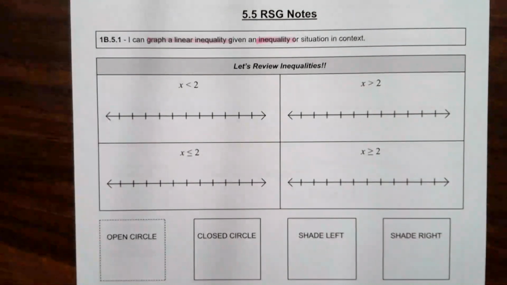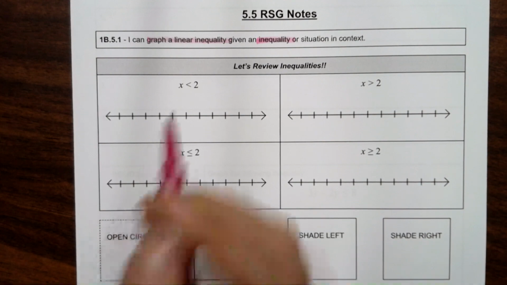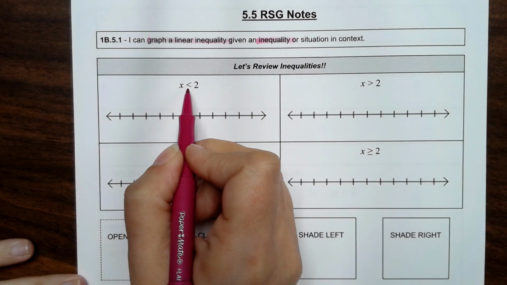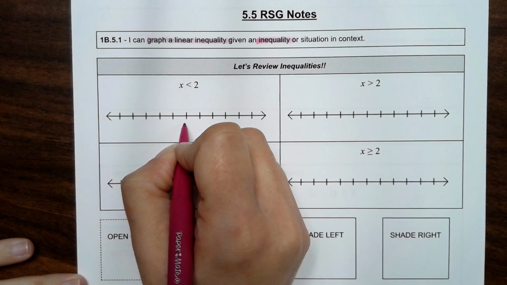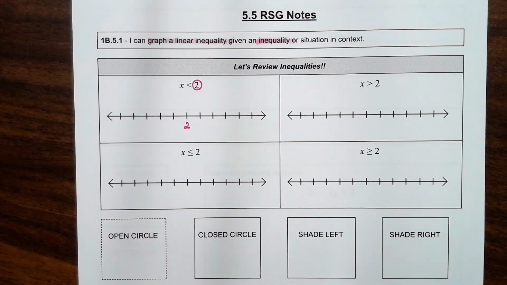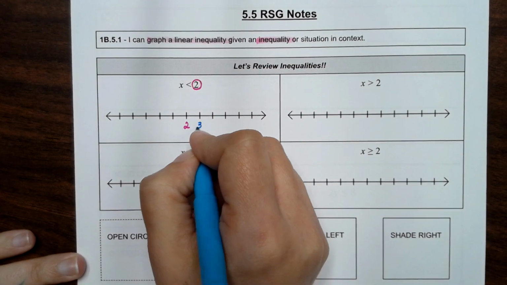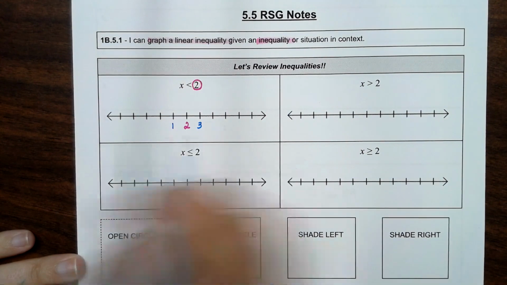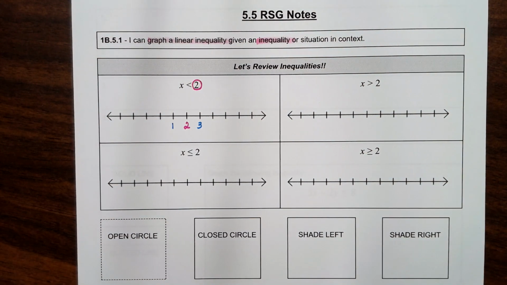Way back in Module 4, we learned about graphing inequalities on a number line. So, one of the things that we talked about is that if the problem says x is less than 2, then the number 2 is the most important number on this graph. We also said you needed to list one number that was bigger, like the number 3, and one number that was smaller, like the number 1.